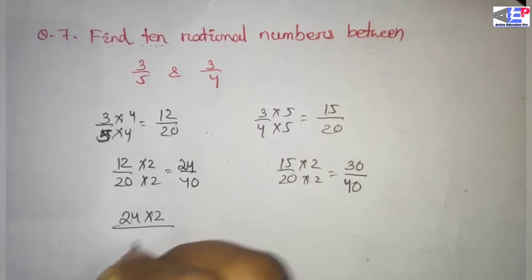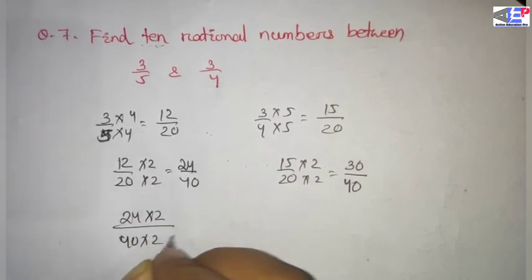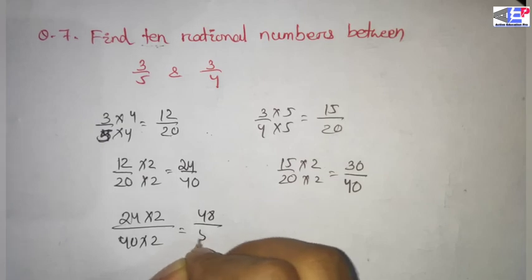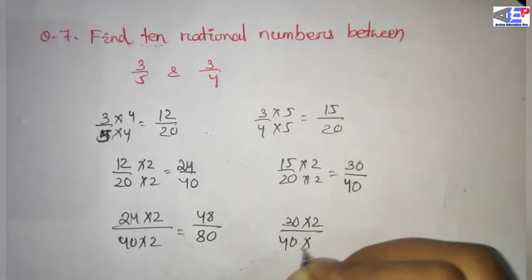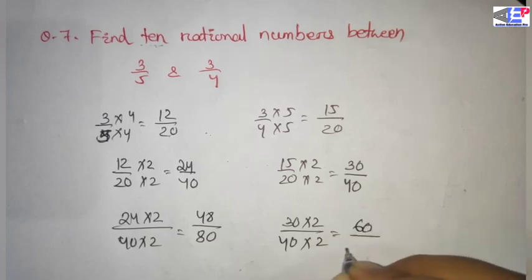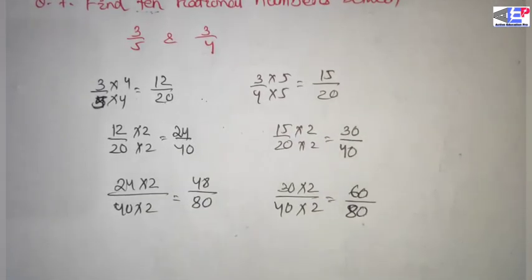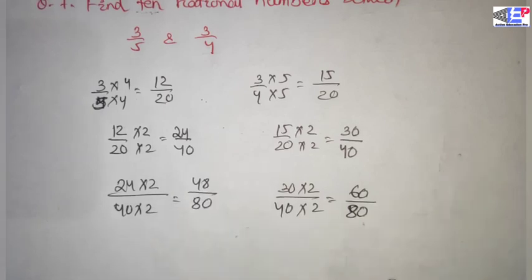24 into 2 by 40 into 2 will become 48 by 80. 30 into 2 by 40 into 2 will become 60 by 80. Now in this case there are 11 numbers between 48 by 80 and 60 by 80.